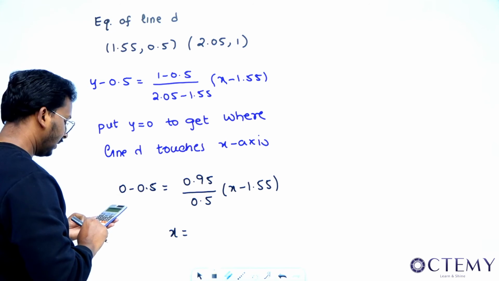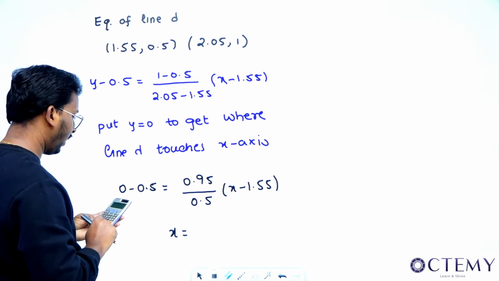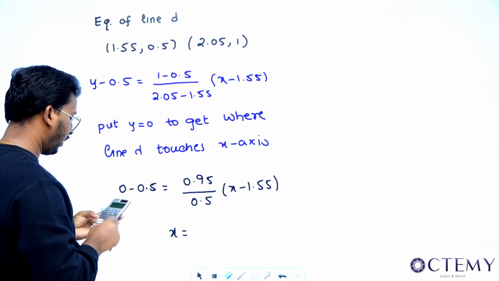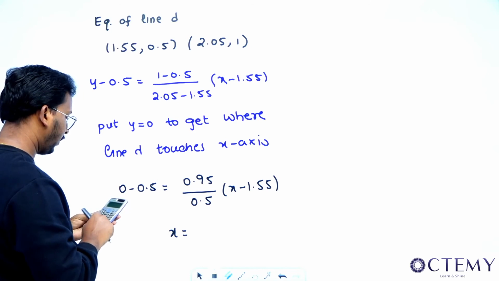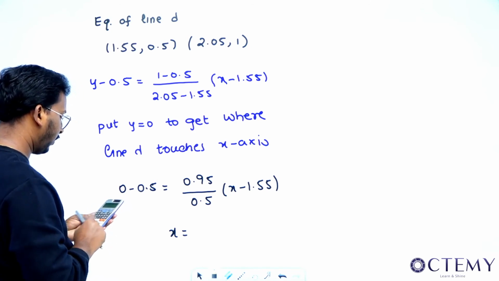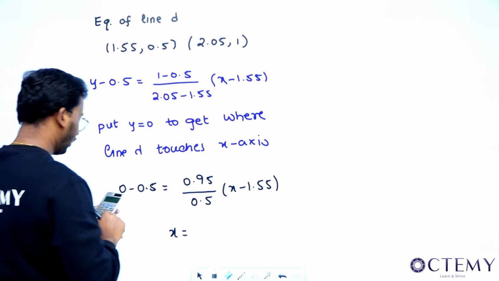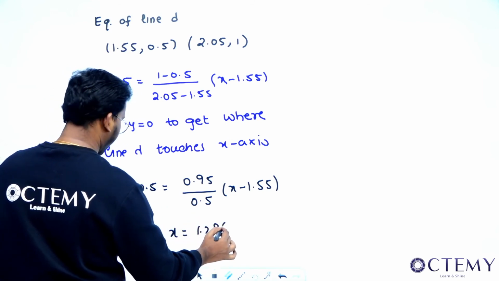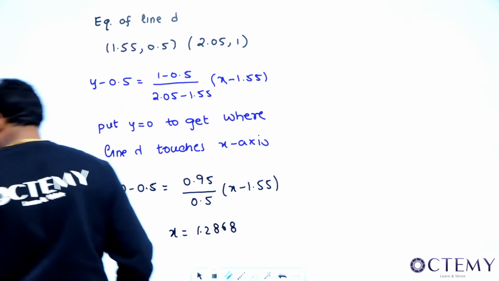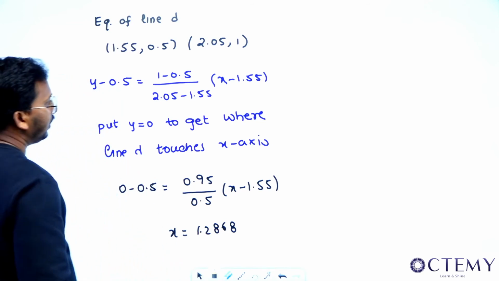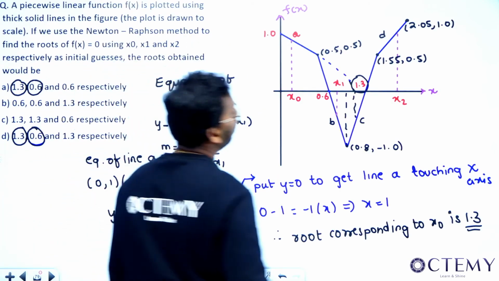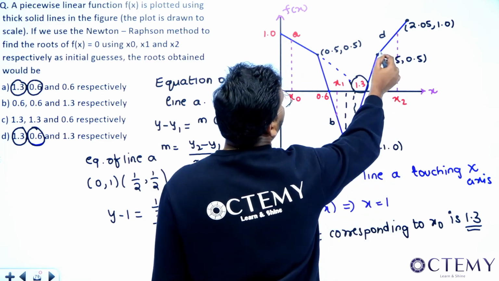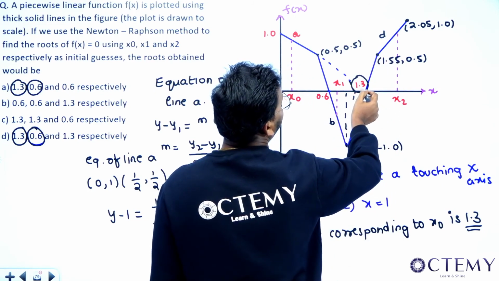You will get it as minus 0.5 into 0.5 divided by 0.95 plus 1.55. That you will get it as 1.2868. That means, where is it touching the x-axis, sir? When you extend it this side like this, it is touching at 1.2, somewhere here.